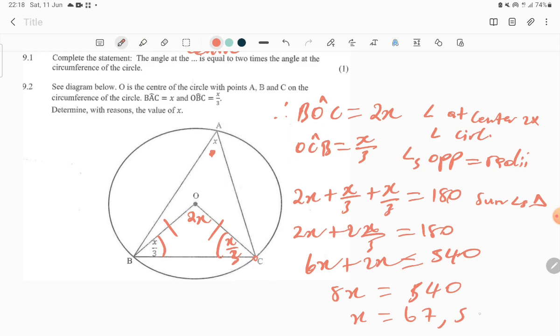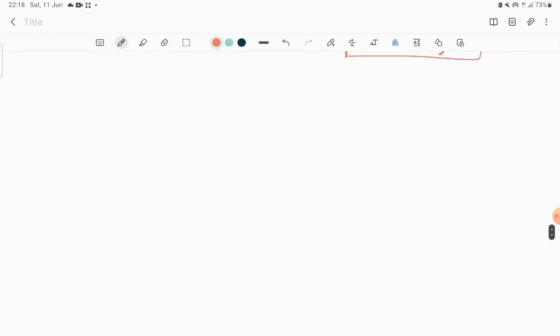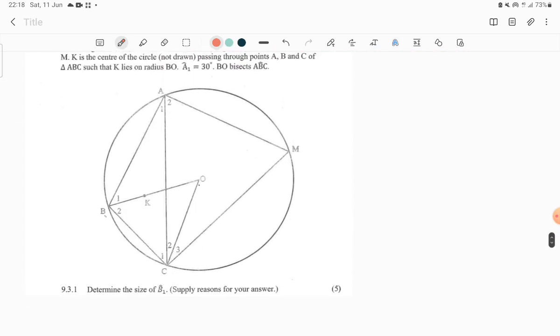So x is 67,5. We figured out the value of x, which is 67,5. So we wrote everything with reasons. This is what was required. Moving to the next question.